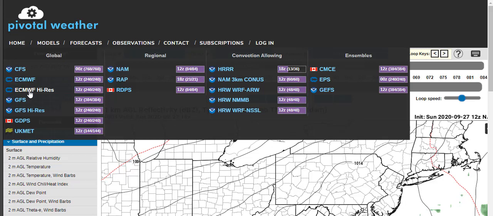Now, the European model has been notorious for being more accurate in terms of weather prediction than the American GFS model. And that's simply because the European Center just has built a better model.